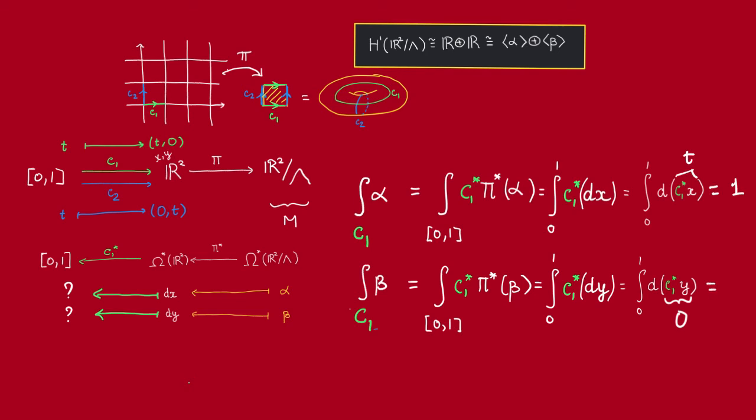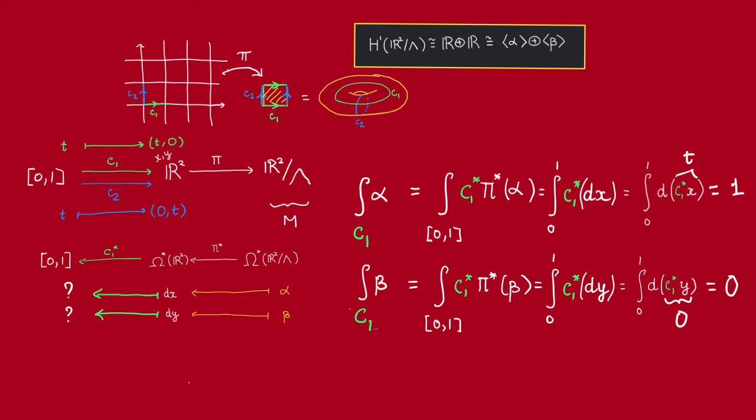And this is the integral from 0 to 1 of 0, so this is 0. Thus indeed we have shown that the integral of alpha along C1 is 1, and the integral of beta along C1 is 0 as claimed. It's exactly the same to show that the integral of alpha along C2 is 0, and the integral of beta along C2 is going to be 1.